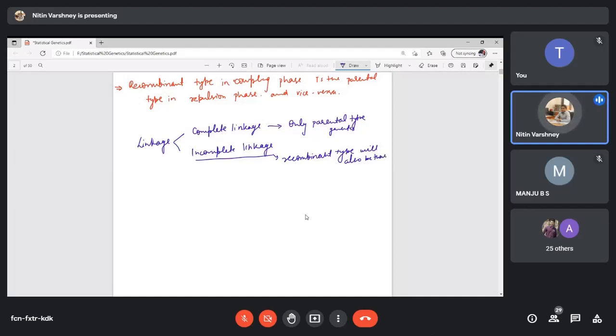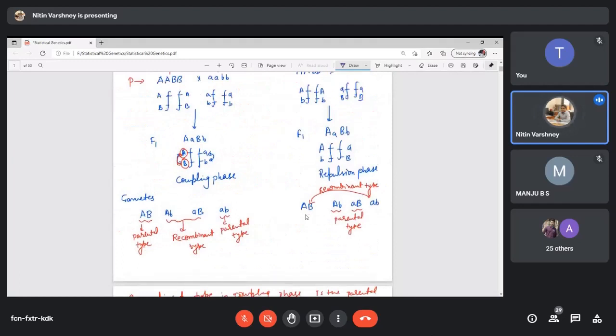What is the meaning that only parental type will be obtained? Suppose there is complete linkage, then this type of gametes will not be there.